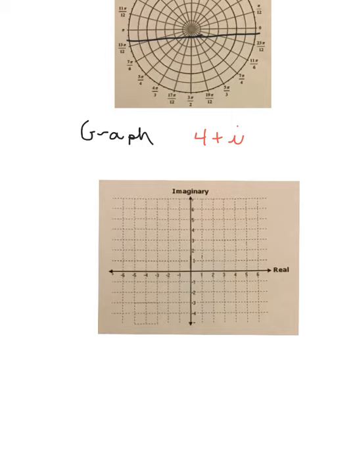But in this case, the x-coordinate is for the real number, which is what you are used to seeing. The 4 is the real part. The y-axis is for the imaginary part, so it's whatever is with the i. So because this is a positive 4, we are going to go right 4 and up 1 because it's 1i. So that is point A.